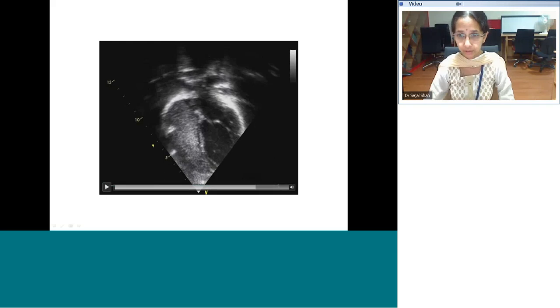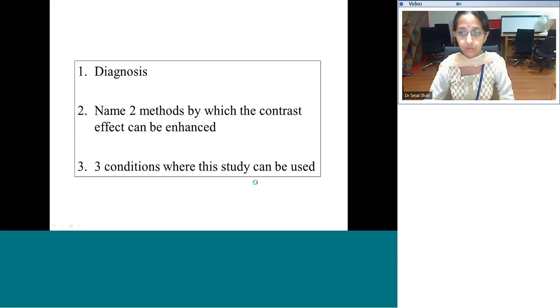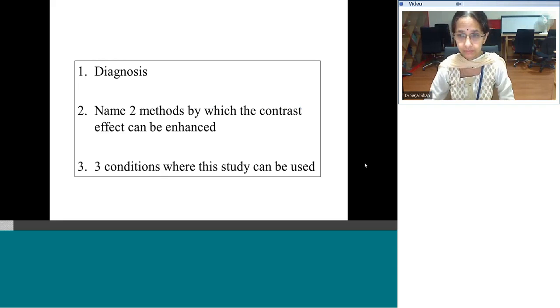So now we will go into the further questions. So what was the diagnosis in this case? If you paid attention to when was the contrast entering the left heart, you could have a clue on the diagnosis. Yes, so it was after 3 beats.